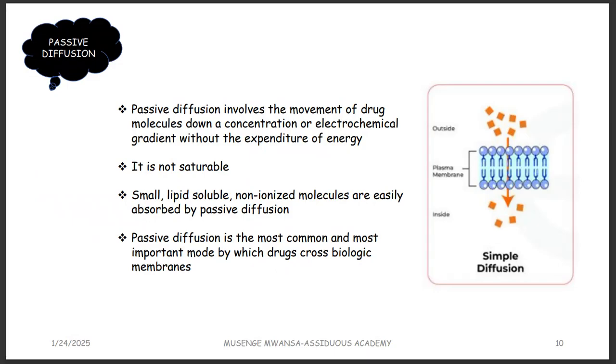Starting with passive diffusion, it involves the movement of a drug down a concentration gradient. That is why no energy is involved here. And it is not saturable. Think of this: you have a vehicle which has 20 seats.